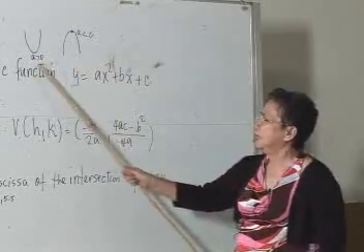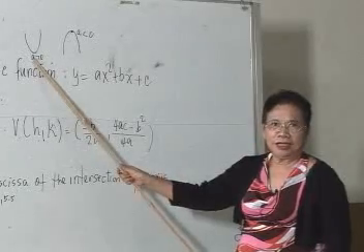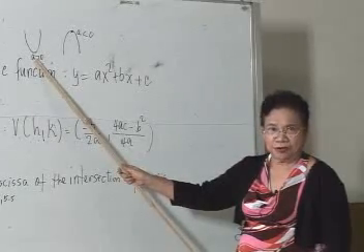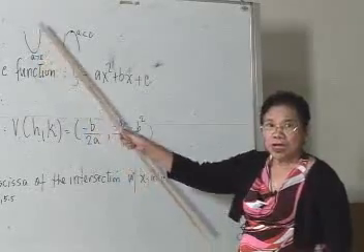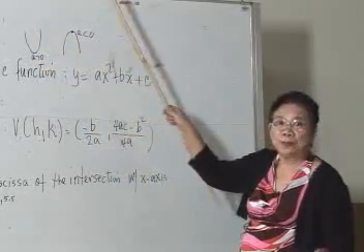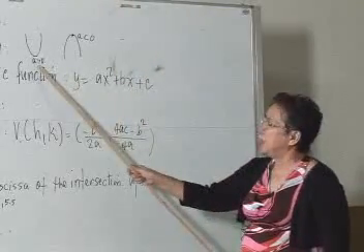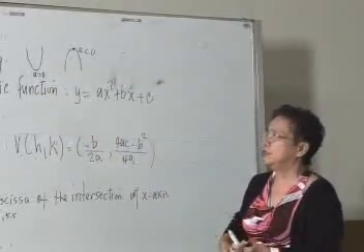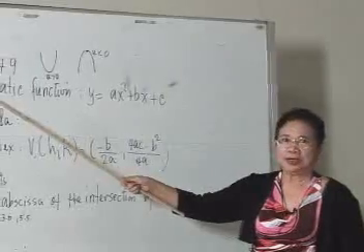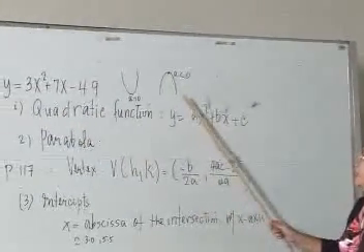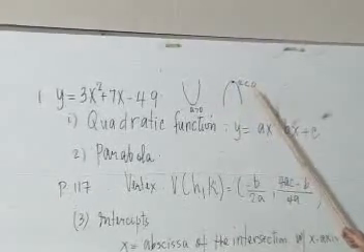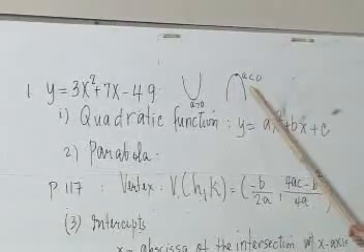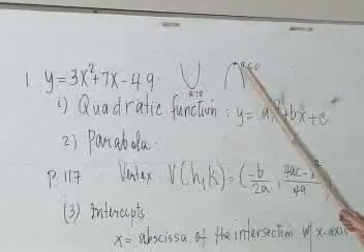First of all, if a is greater than 0, then the vertex is a minimum and the parabola goes up, a meaning the coefficient of x squared. Now, if the vertex is a maximum, the parabola goes down and a is negative.